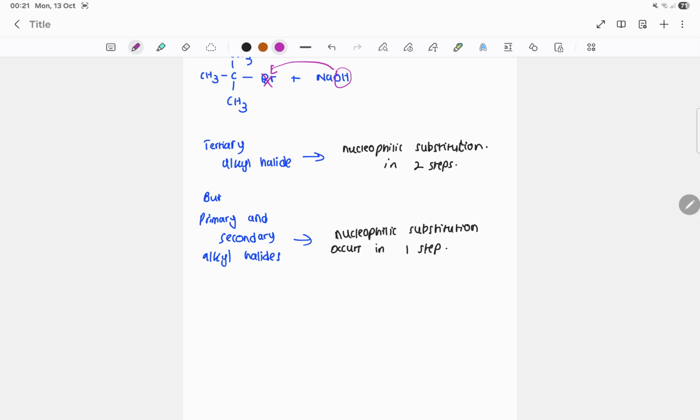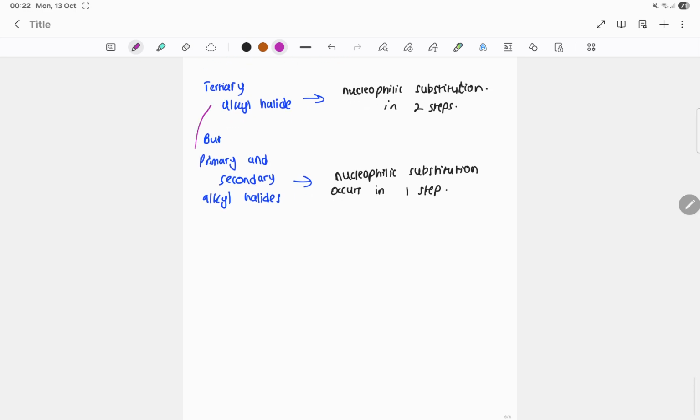For tertiary, say R3C-Br plus OH minus, what happens is when you add OH minus, first the electrons from the bond go to bromine.